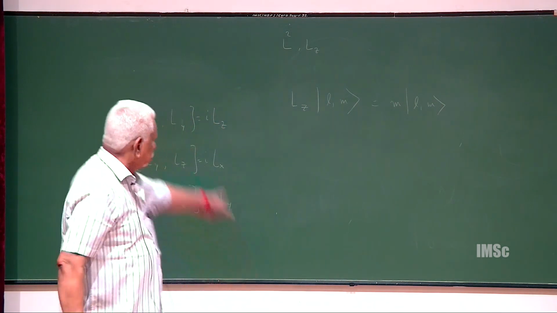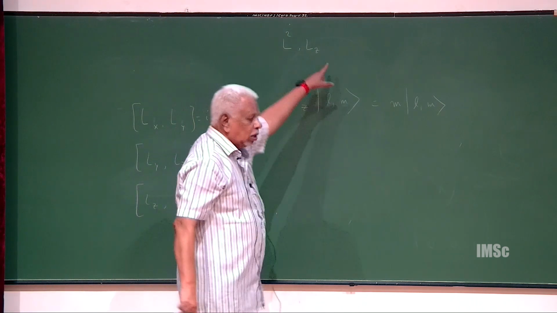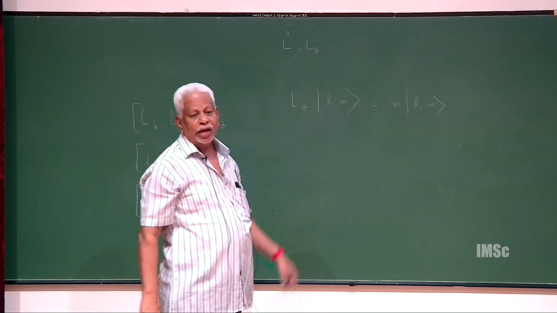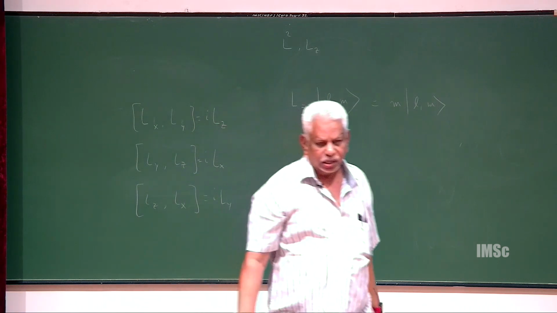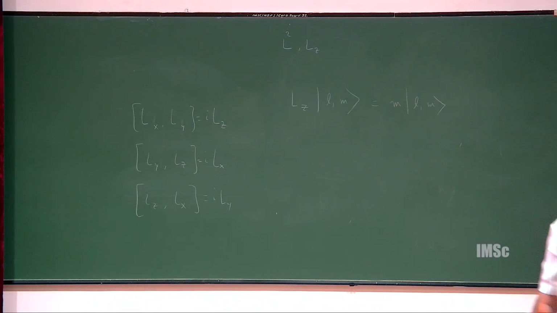What is the meaning of this notation? It is a column vector of the different eigenvalues of M, of Lz, in that diagonal basis. This is the standard notation in quantum physics, the ket notation. Ket tells me it is a ket vector, a column, with various values of M.